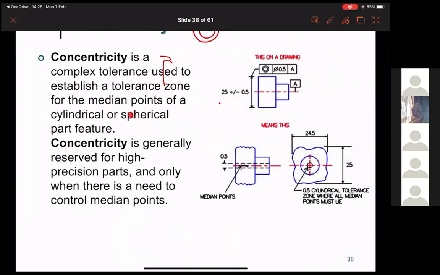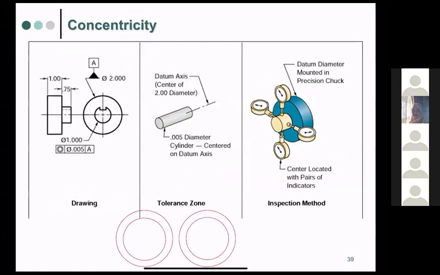So concentricity is generally reserved for high pressure system parts, only when there's a need to control the median point. So if the two parts should be on one axis, in one concentricity, it would look like this. Okay, so this is the concentricity drawing, and also the tolerance zone.